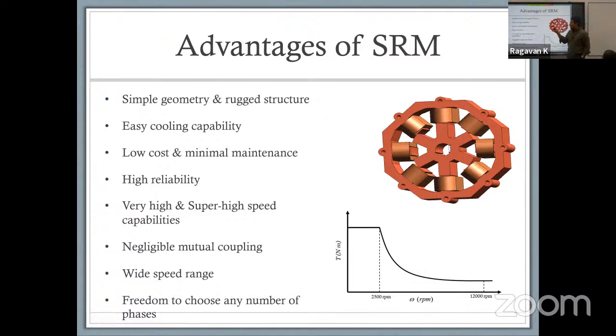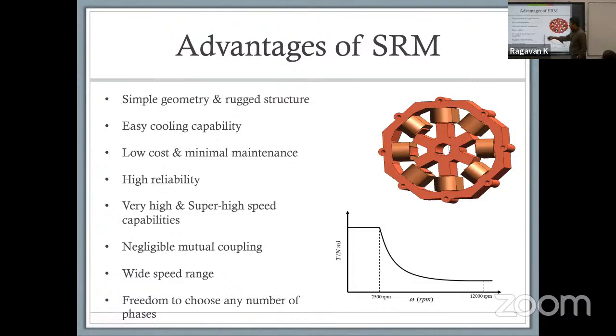It has high reliability. One thing you can notice is that if one of your coils goes out, the other coils can continue to operate. The way the control is set up, the phases are not dependent on each other.